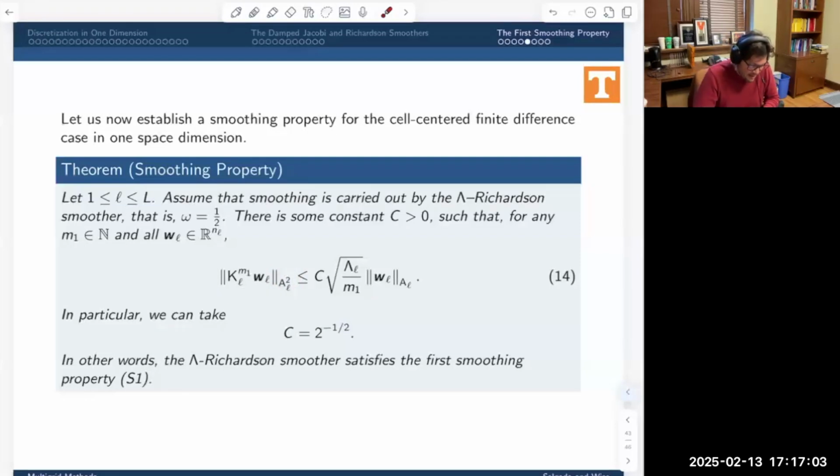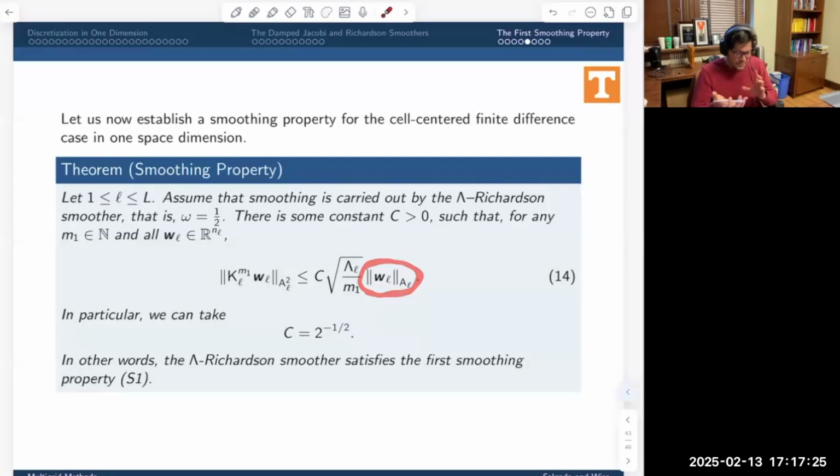So this kind of has the weight of a Sobolev 2 norm. This is less than or equal to a constant times the spectral radius of the stiffness matrix, lambda_L over m_1, times the A_L norm of w_L. And this is like the Sobolev H1 norm.